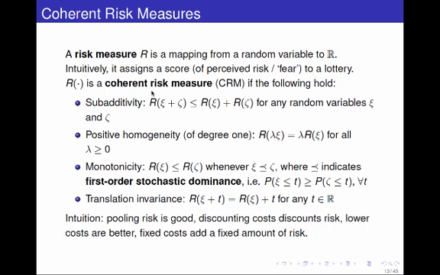Because if I flip the coin 100 times, I know that about 50% of the time, the average will be very close to 50 heads, for example, if I flip it 100 times.